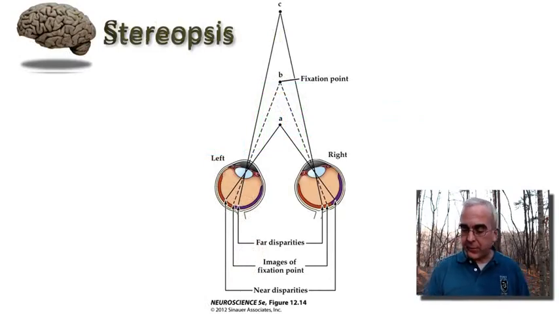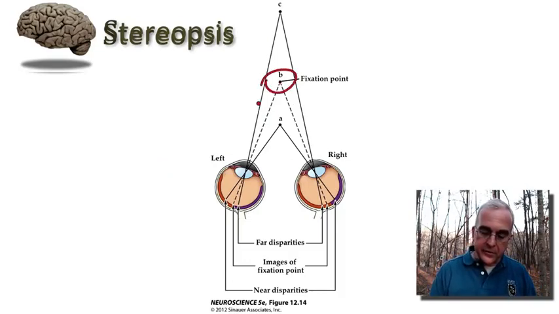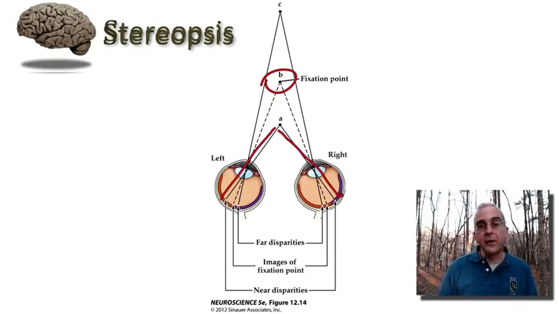So here's how this works. Imagine that we are fixating with our two eyes on a particular location in space, and all objects that are closer to us than that fixation point are going to be seen by what we call non-corresponding regions of the retinas. That is, there are points on the retina that don't project to the same point in the thalamus.